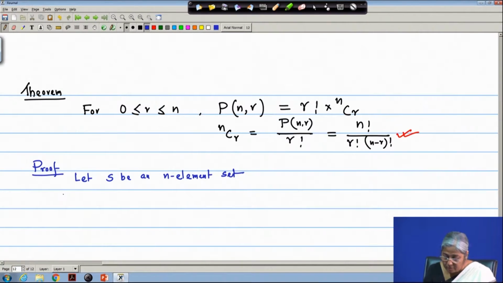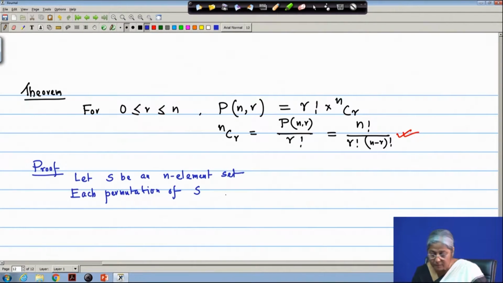Now, each permutation of S arises exactly one way.